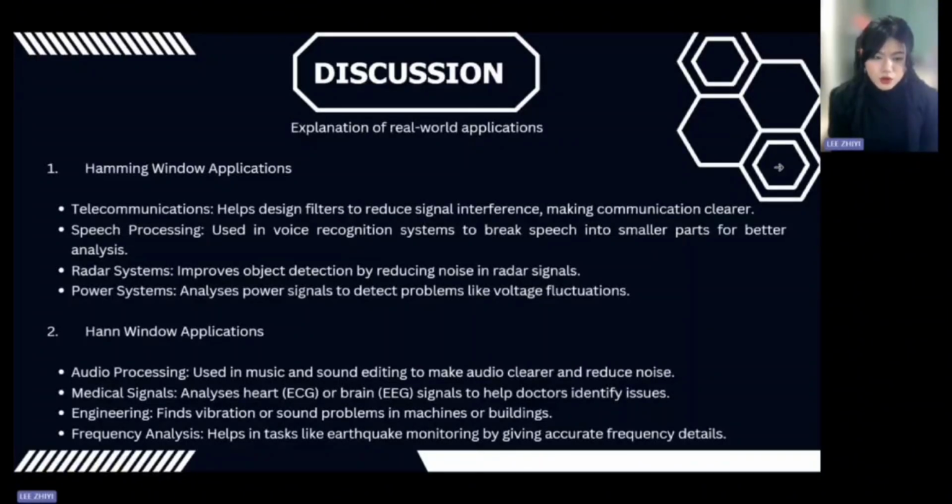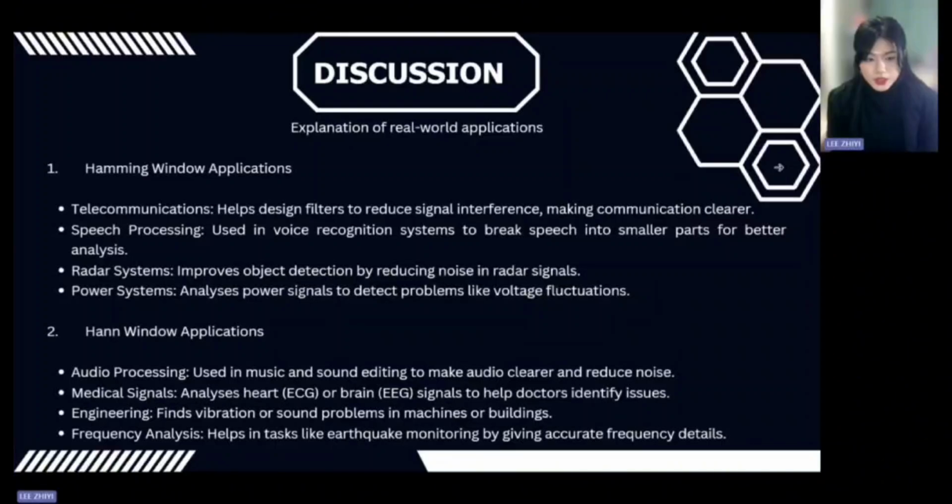And for the Hann window, compared to the Hamming window, the Hann window has smoother filtering. So it is recommended for audio processing, in music and sound editing to make audio clearer and reduce noise.